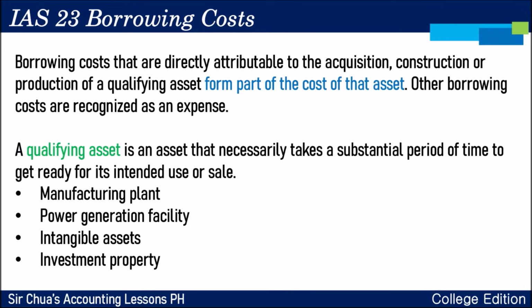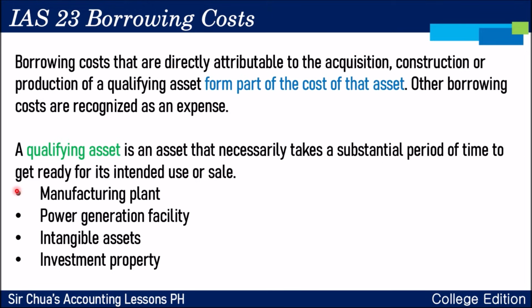Pero, applicable lang po ang borrowing cost sa mga qualifying asset. And when can we say that an asset is a qualifying asset? A qualifying asset is an asset that necessarily takes a substantial period of time to get ready for its intended use or sale. Yung mga hindi mabilisan na nabubuo. Okay?